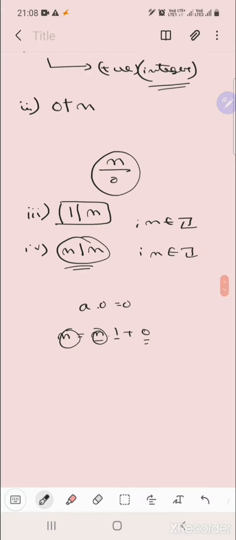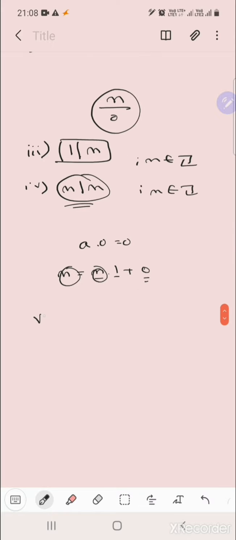Clear? Fifth, if some integer n divides 1, then that means either n is equal to 1 or n is equal to minus 1. If there exists any integer n which divides 1, then either n equals 1 or n equals minus 1. Clear?